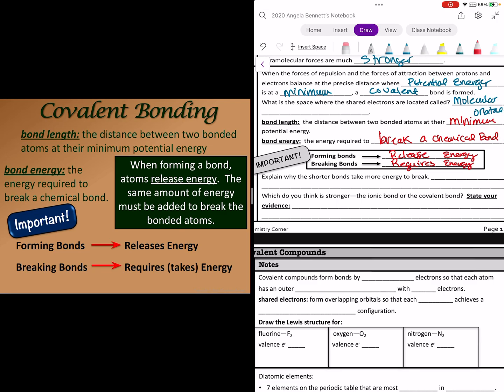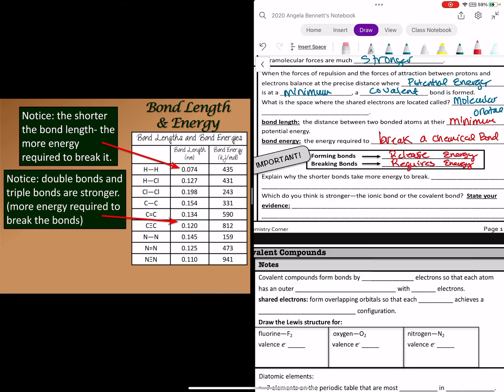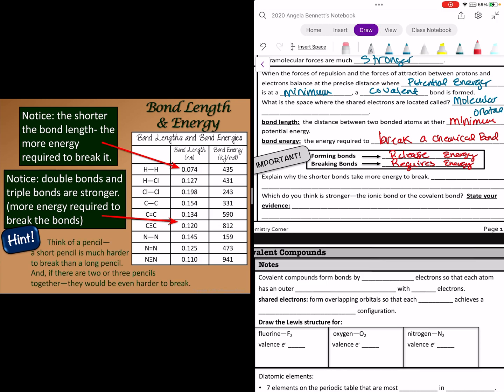Let's explain why shorter bonds take more energy to break. Looking at the data table, in the left-hand column we have hydrogen bonded to hydrogen, hydrogen to chlorine, chlorine to chlorine, carbon to carbon as a single bond, a double bond, and a triple bond, and then the same thing with nitrogen.